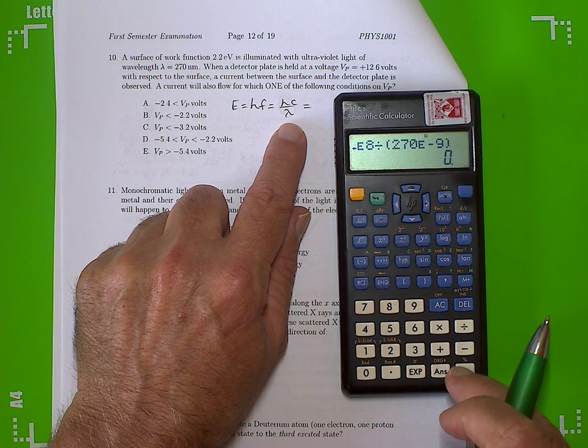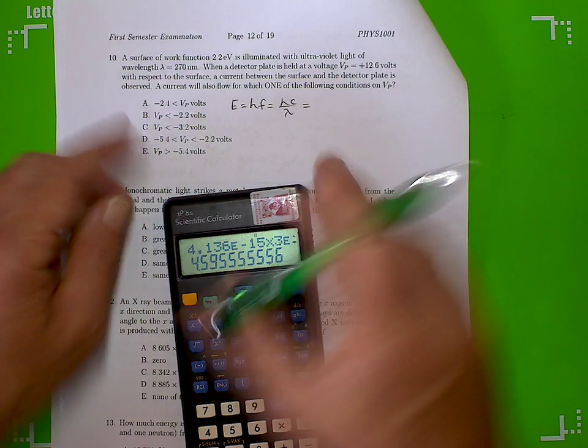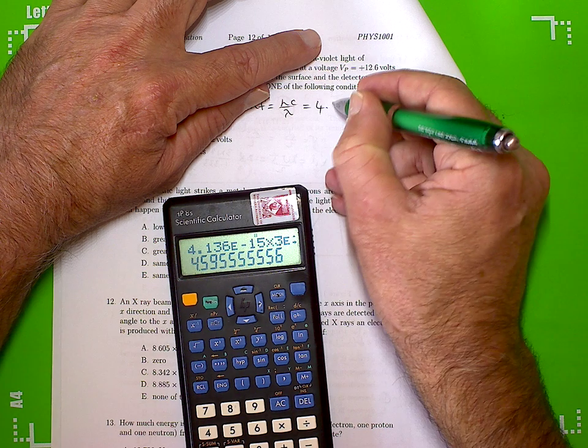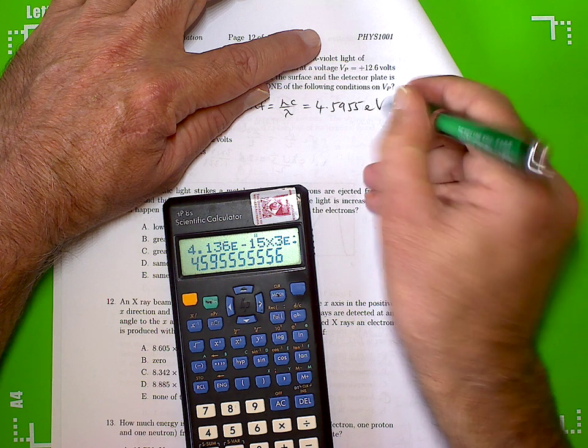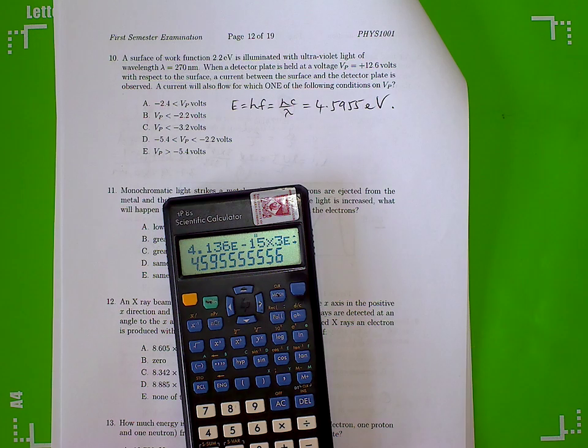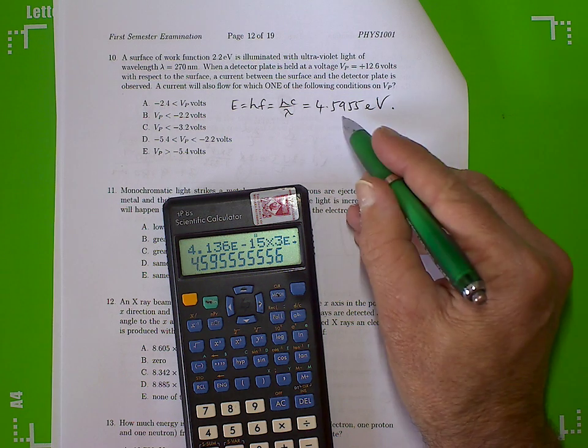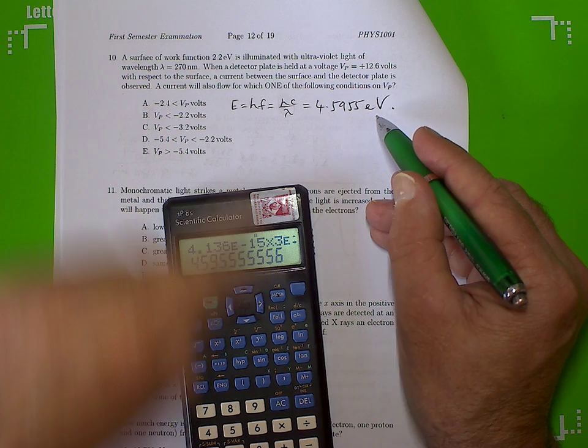I get 4.5955 electron volts. So that's the maximum energy that electron can get.